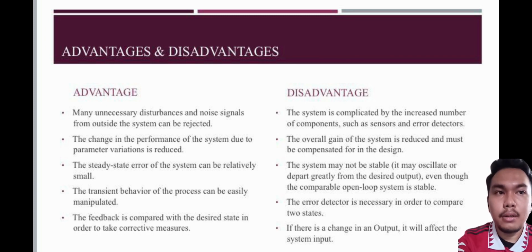It may oscillate or depart greatly from the desired output, even though the comparable open loop system is stable. And the next, the error detector is necessary in order to compare two states. And the last, if there is a change in output, it will affect the system input.